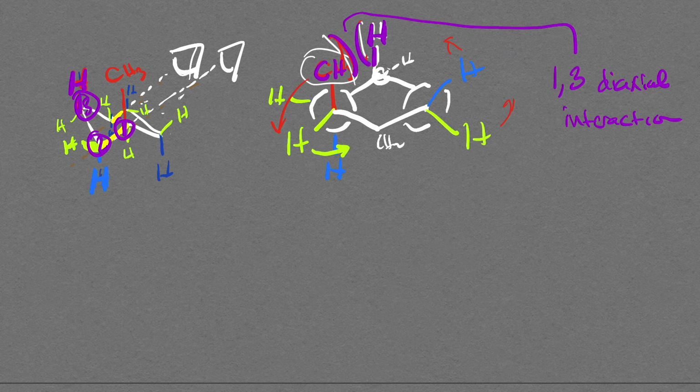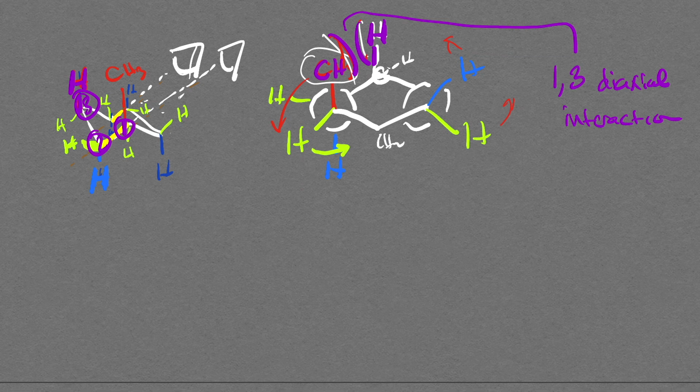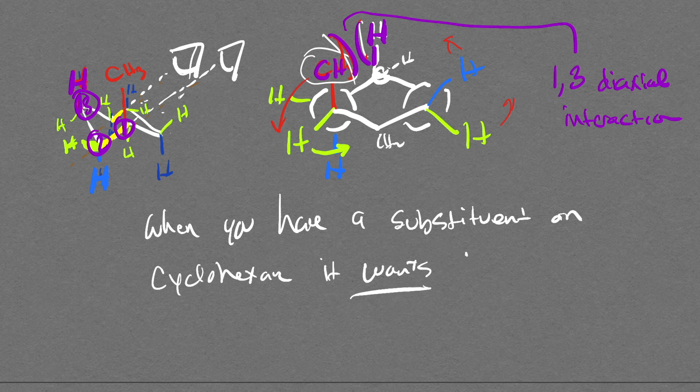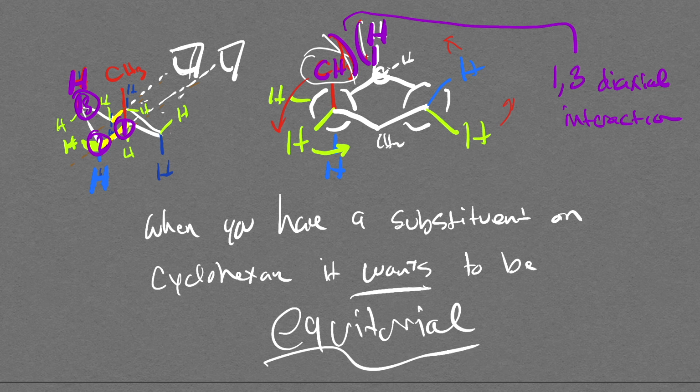1,3 diaxial interaction, which is why when you have a substituent, in fact, this is so important, I'm going to even write it down. When you have a substituent on cyclohexane, it wants to be equatorial, all right?